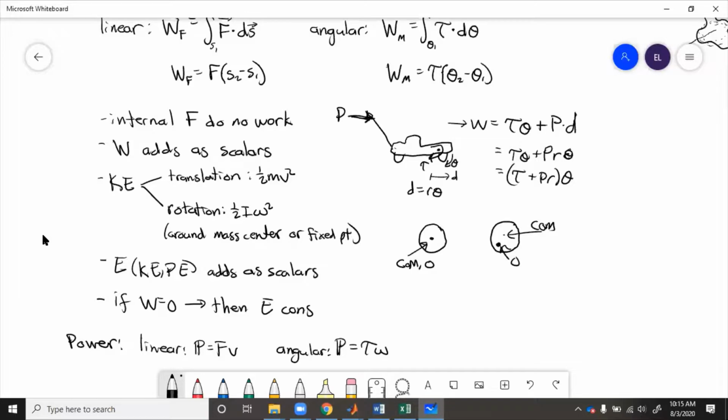This is in watts, joules per second. So Newton meters per second, or joules per second, energy per unit time.